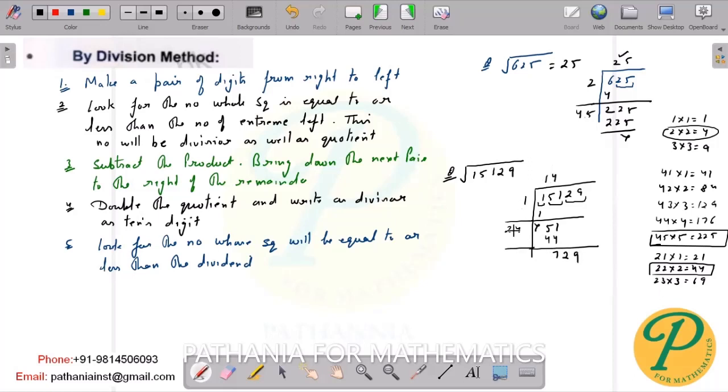Double the quotient. Keep it as a tens digit and look for another table. I write it down here. 241 into 1 is 241. 242 into 2. 243 into 3.